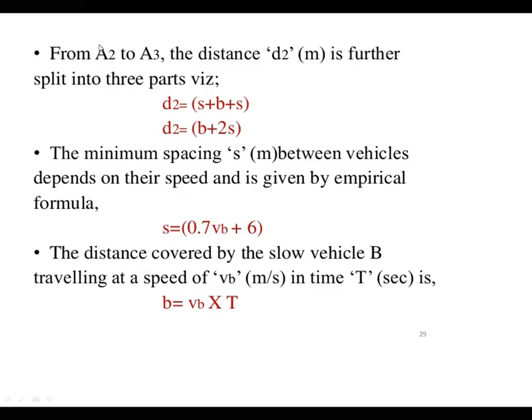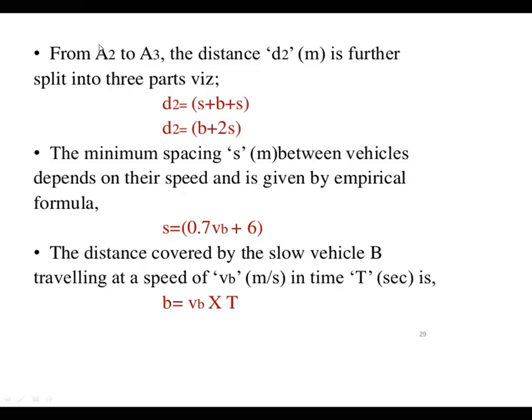From A2 to A3, the distance D2 is further split into three parts: B plus 2S. The minimum spacing S between vehicles depends on the speed and is given by the empirical formula 0.7 VB plus 6, where 6 is considered as the length of the vehicle and VB is the normal design speed of the B vehicle.